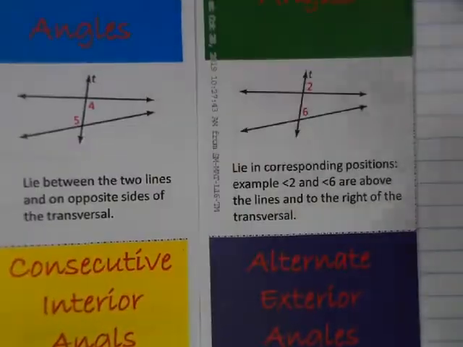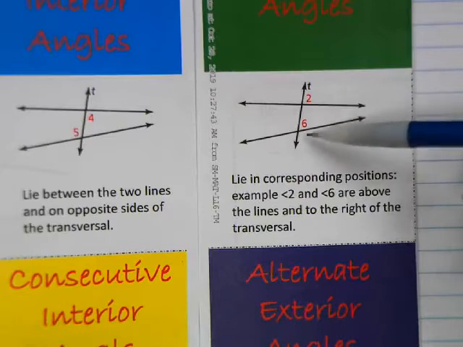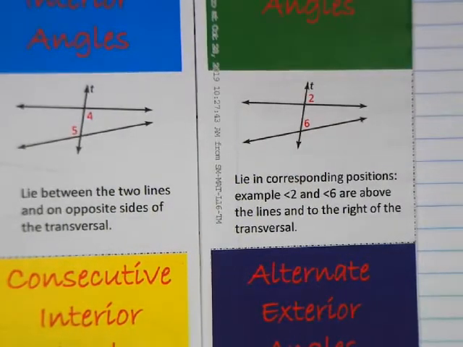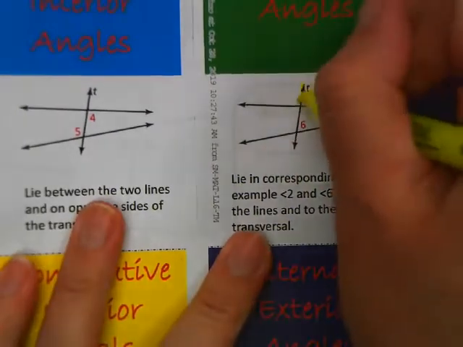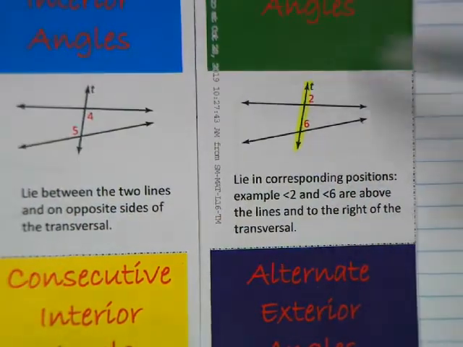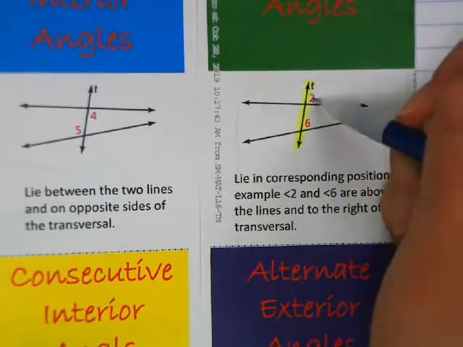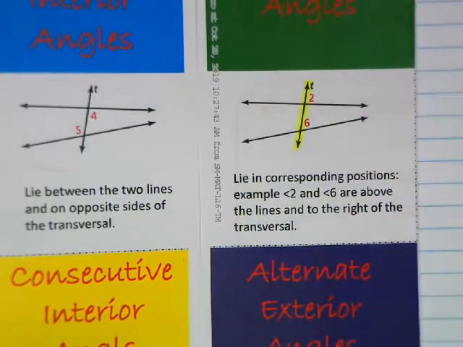So zooming in, notice that angle 2 and 6 are both on the right side of the transversal. T is your transversal from this picture. Both angle 2 and 6 are on the right side of the transversal, and they lie above the 2 coplanar lines. So again, corresponding angles would be in corresponding positions.